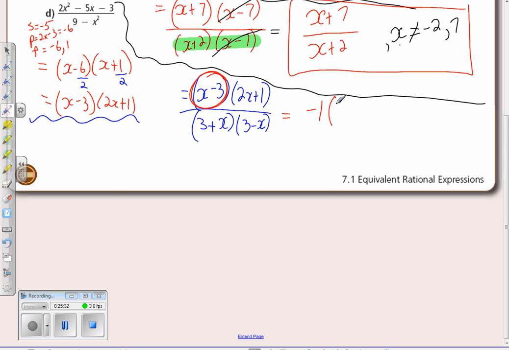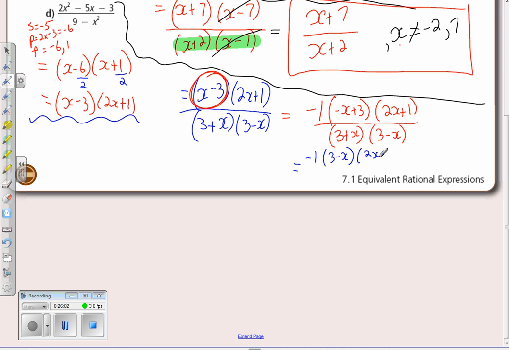That's going to give me -x plus 3 times 2x plus 1 over 3 plus x, 3 minus x. Well, -x plus 3, let's rewrite that. Let's change the order. Let's say 3 minus x in that order. So we now have -1 times 3 minus x times 2x plus 1 over 3 plus x, 3 minus x. We now have two of them that are exactly the same.